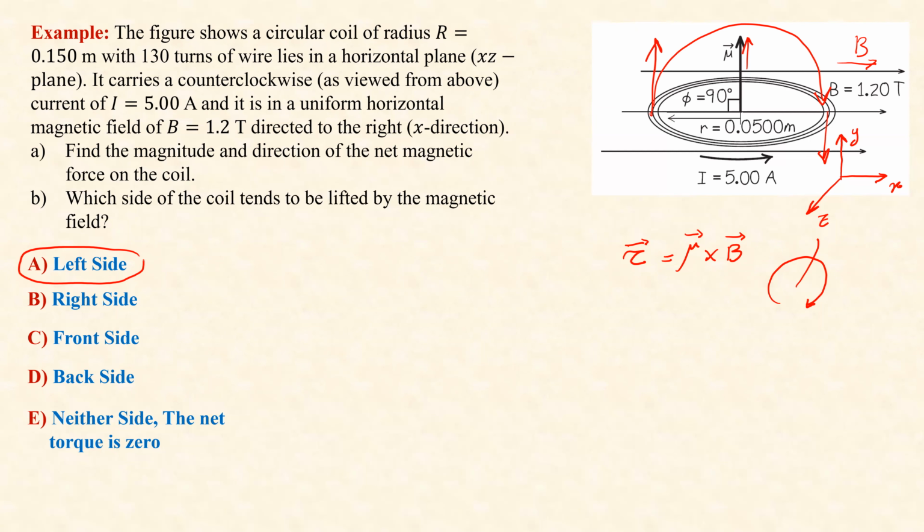Okay. Is it clear? So you see that the torque is into the page. That means that if you put your thumb in that direction, your 4 fingers show which direction this is going to be rotated.